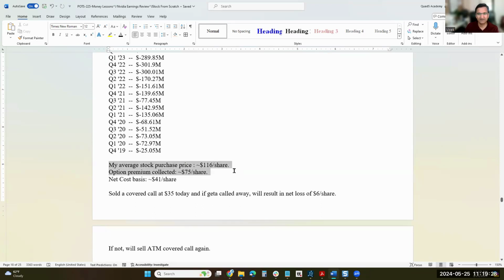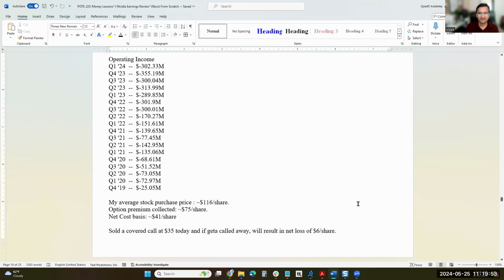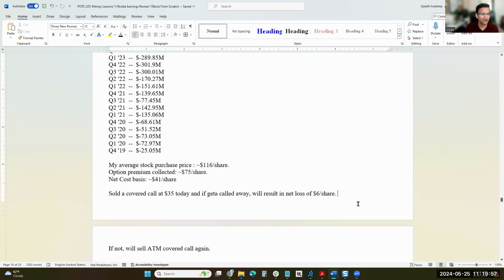Anyway, my average stock price was $116. So far, premium collected was 75. So net cost basis is 41. And I sold a covered call today at 35. If it gets called away, I lose $6. Another example: even if you lose, in this case I'm going to lose, but I lose less, because I collected $75 by selling option premium in the last 3-4 years, ever since it IPO'd.